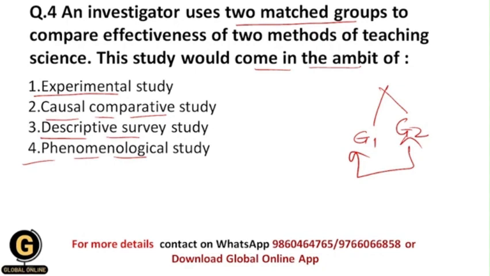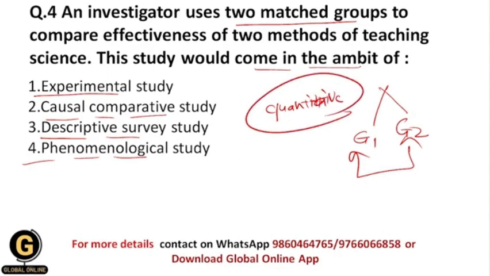For such studies we mostly use the quantitative research method, because if we want to compare two groups, then obviously we make the null hypothesis and research hypothesis, and we test the null hypothesis, whether we are going to accept it or reject it.